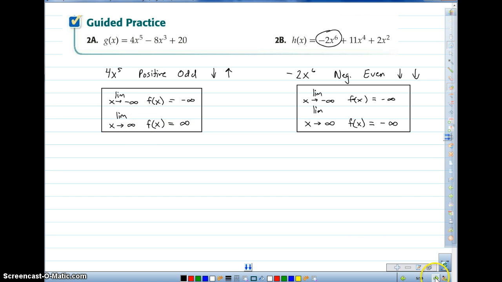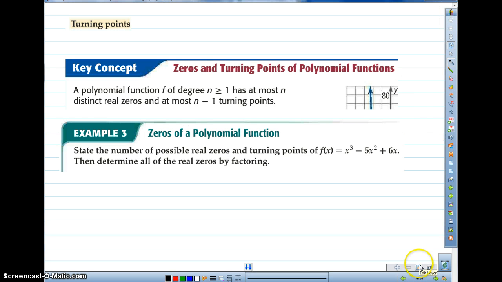Okay, the next thing we're going to do is solve for some other characteristics of polynomial functions. One vocabulary that I want you to write down is turning points. A turning point is located on a polynomial when it changes from increasing to decreasing or vice versa.